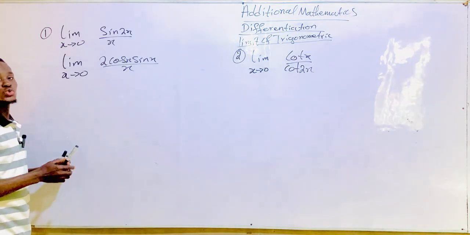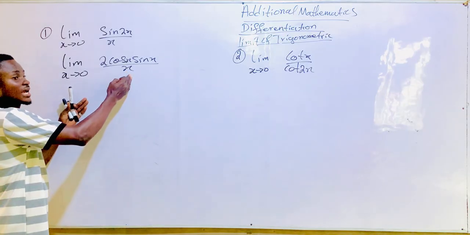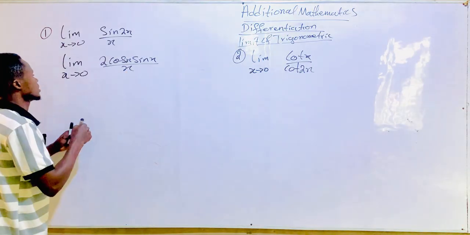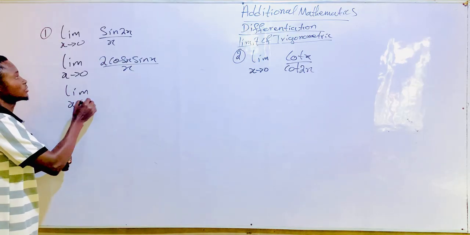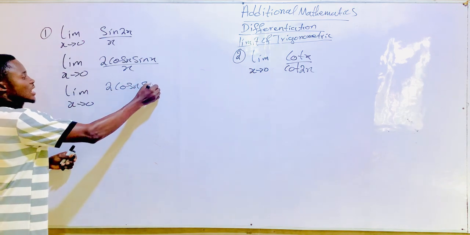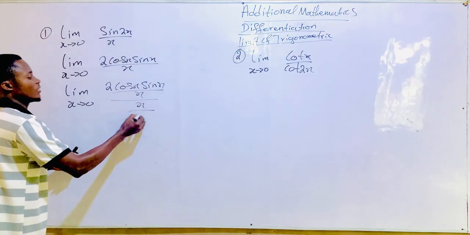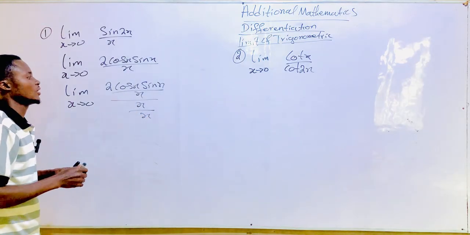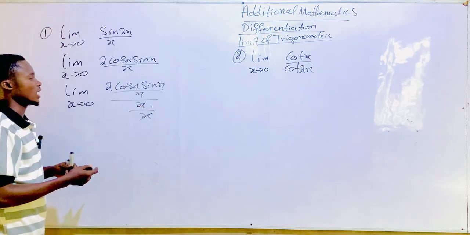The next thing to do is that since we have a variable x, you have to divide through by x. So we'll be heading to the limit as x approaches 0 of 2 cos x sine x all over x over x. Now the x will cancel, that will be 1.